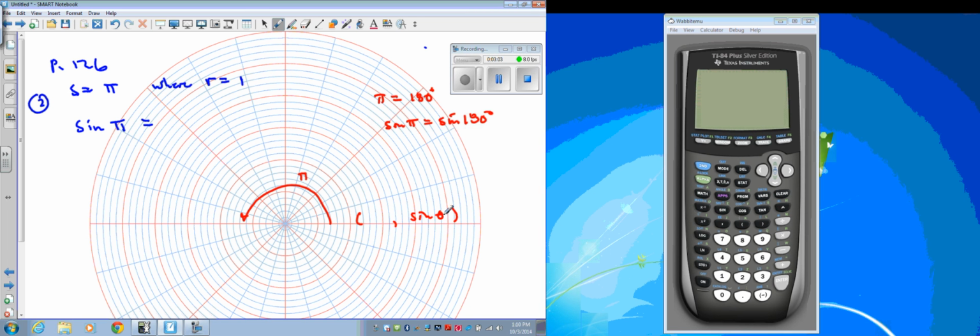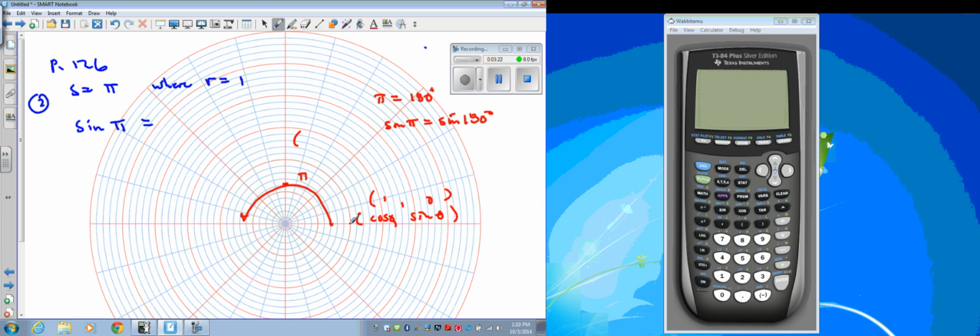When you're down here, the sine is 0 at this point. When you get up here, the sine is 1. And then what I'm doing is going cosine, sine. So this is 0, this is 1 on the unit circle.